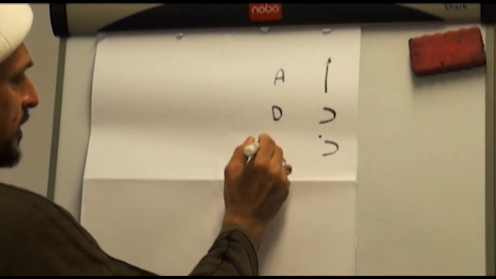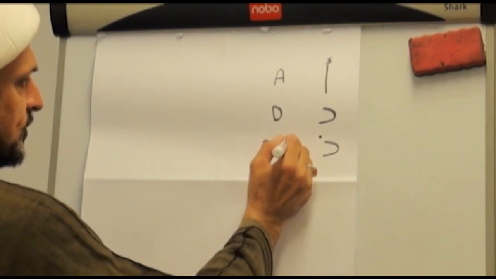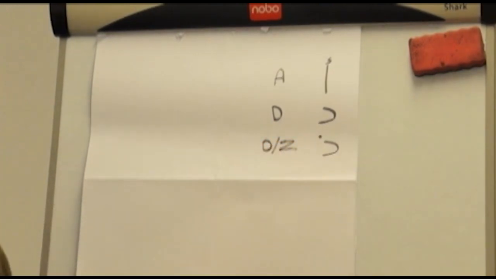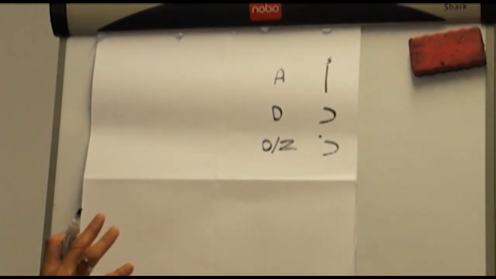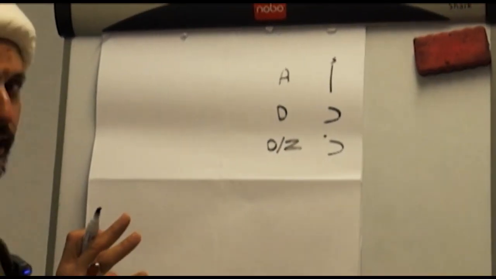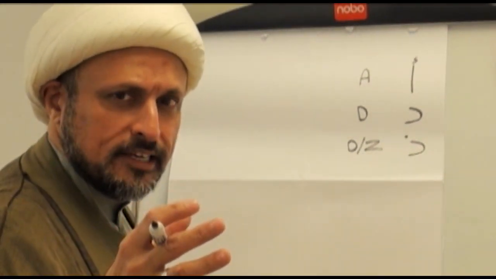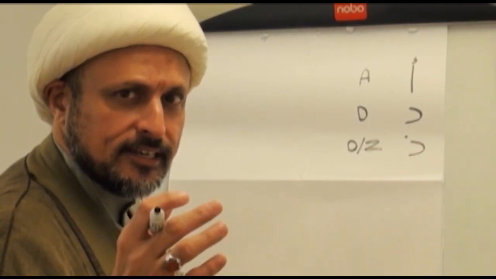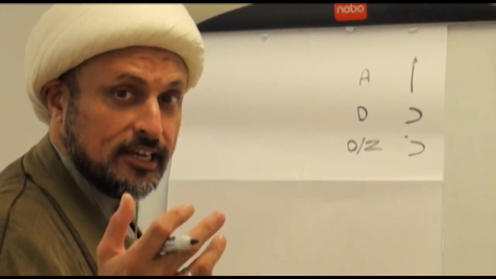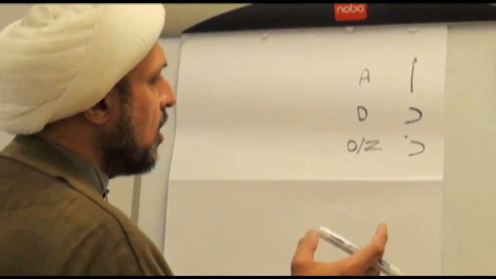But it is between D and Z. You make a mixture of D and Z. It's not Z, it's not D. When you mix it, it's dhal.